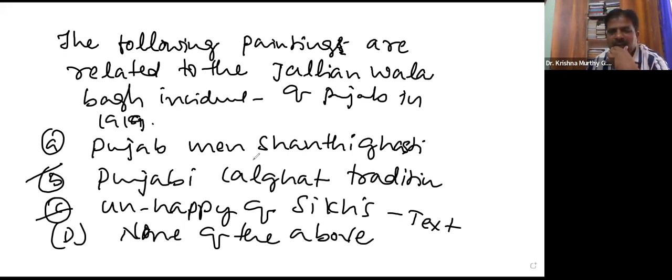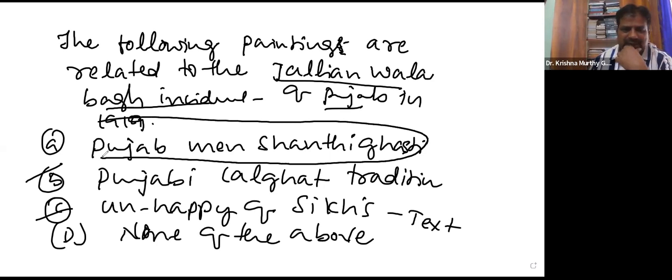At the time of Jallianwala Bagh, all the Congress nationalist people assembled on the ground of the Jallianwala Bagh on that occasion, in that festival, which was also a popular festival in those days. The Jallianwala Bagh incident of Punjab 1919 was painted by the painter in the name of Punjab mein Shanti Gasti.